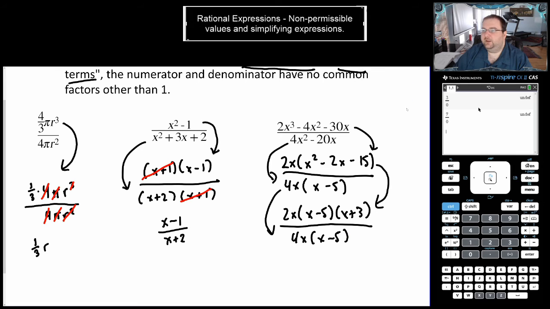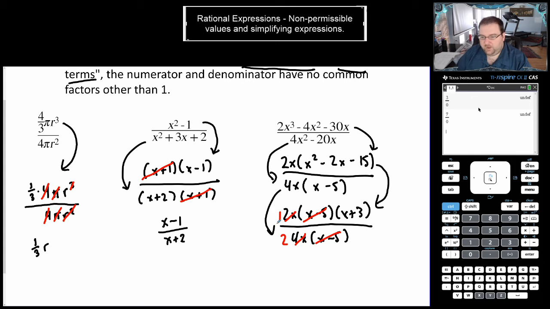At this point, it becomes very easy. You have common polynomials there, so you can cancel those out. And here, 2x over 4x, we can simplify into 1 over 2, because the x's will cancel out, and the 2 over 4 will become 1 over 2.